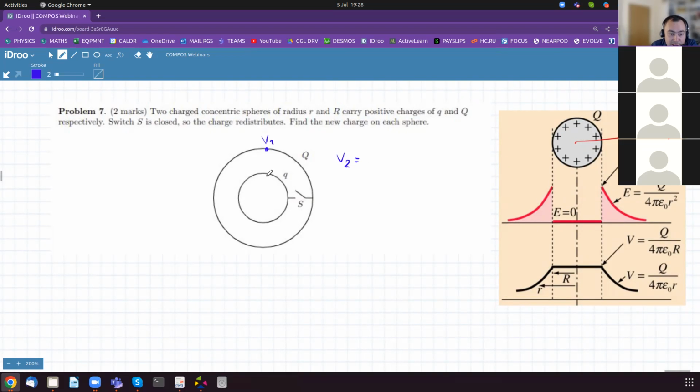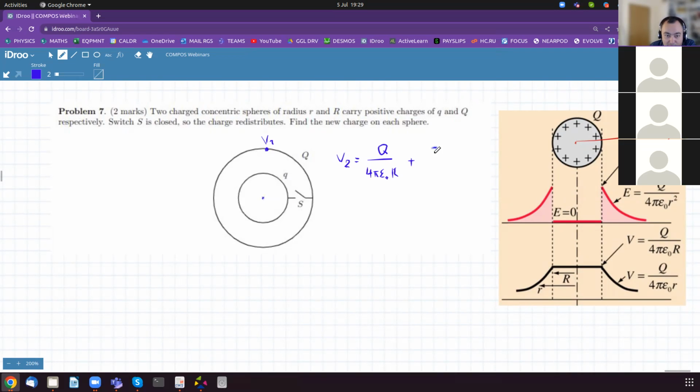is equal to the potential of the outside sphere, and the potential of a sphere is Q over 4 pi epsilon naught R, where R is the radius of the big sphere, plus the potential of the inner sphere. But it's also at the same distance from the center of that sphere.